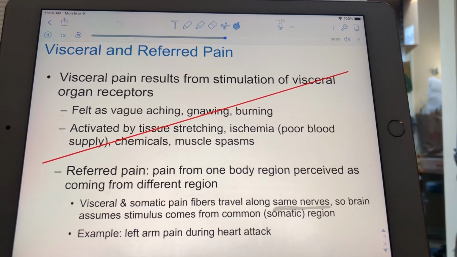referred pain is. And referred pain occurs when we perceive pain that's coming from one place as actually coming from a different place.